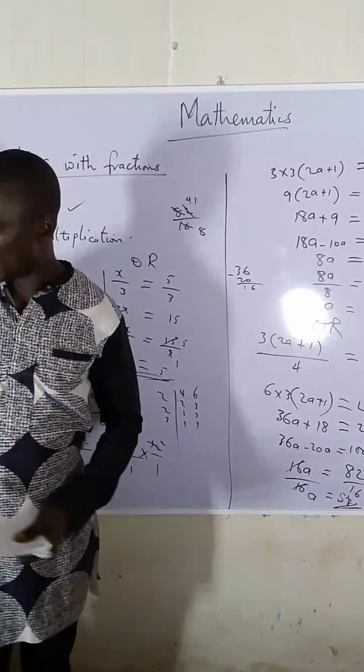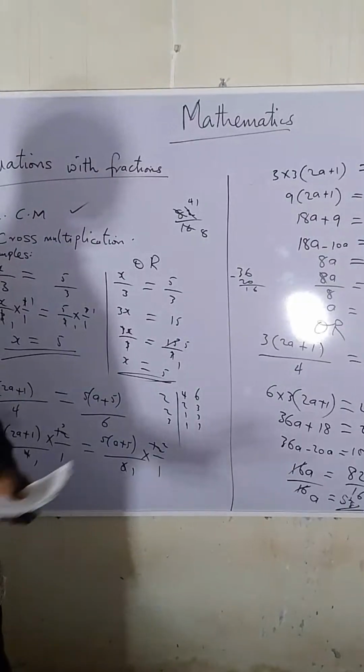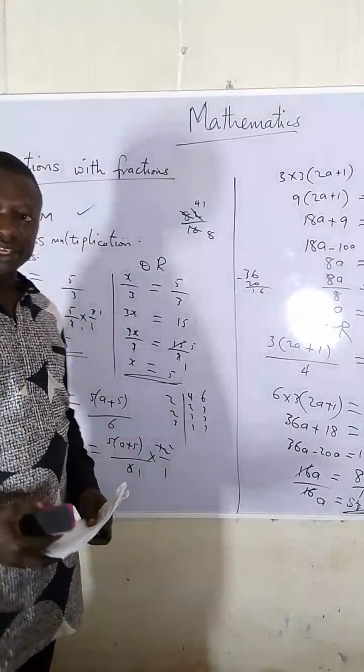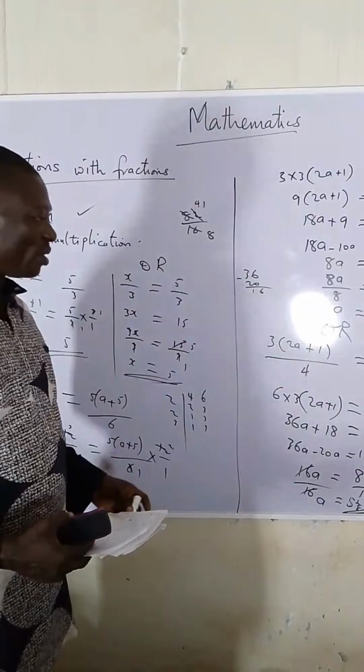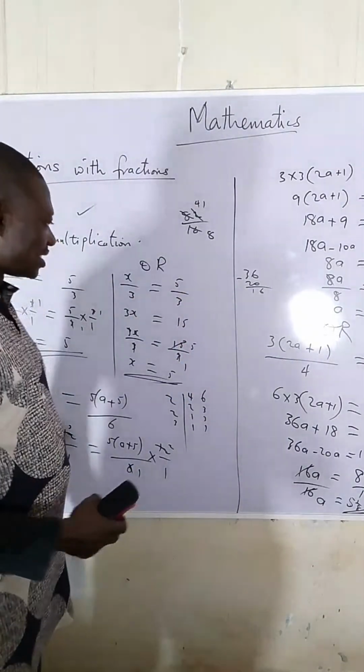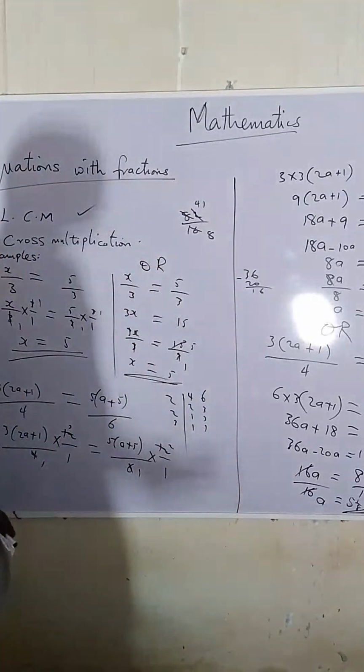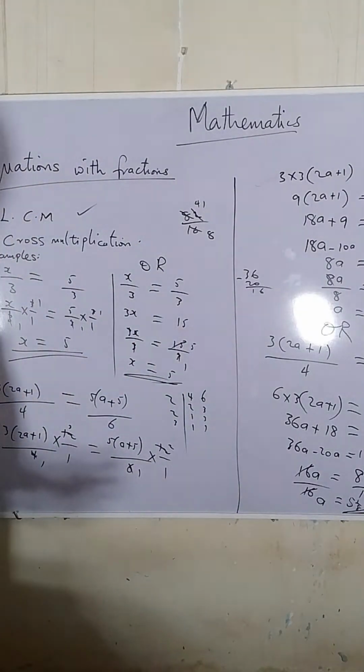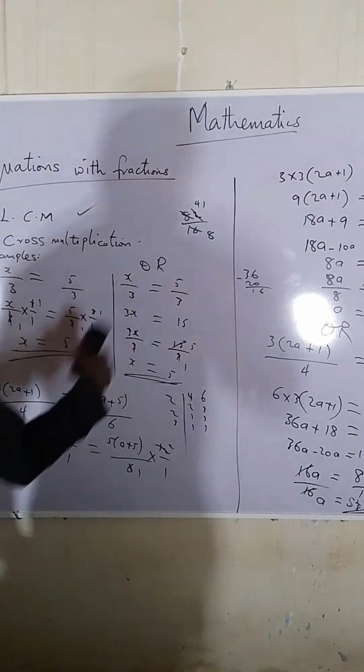Remember, those numbers have the same value, whether it is a mixed fraction or an improper fraction. All right. So this has shown us that we can always use both of them.